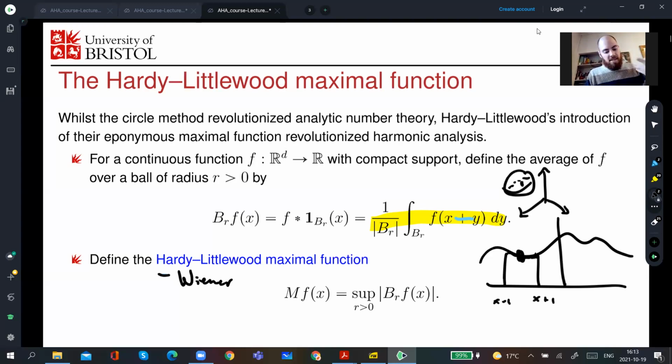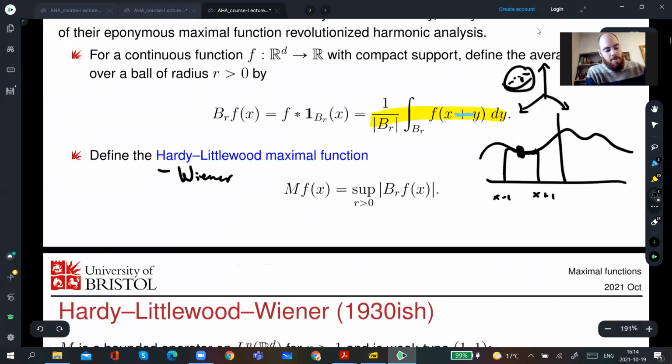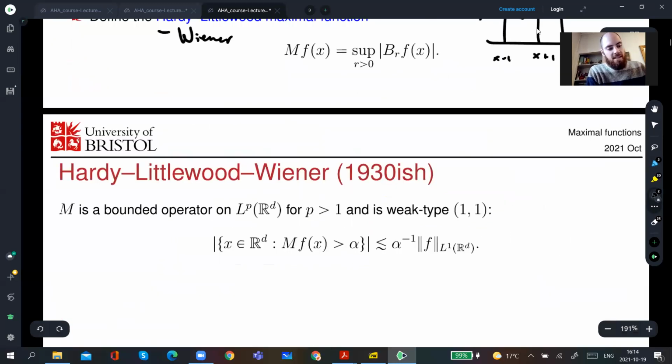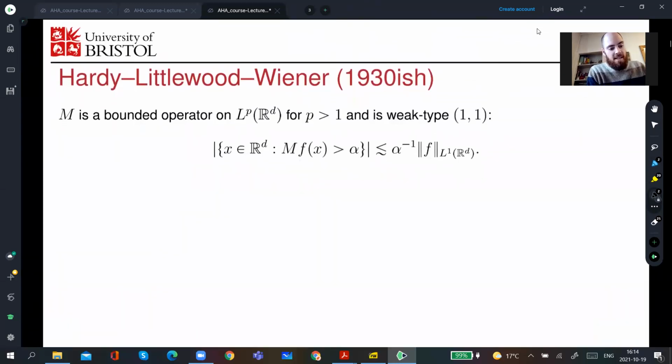This seems like some sort of strange function, some strange process to do to my original function. And indeed it is, but it turns out that in many quantitative ways, it doesn't destroy the original function too much. A lot of precise properties about the original function are reflected in the maximal function.